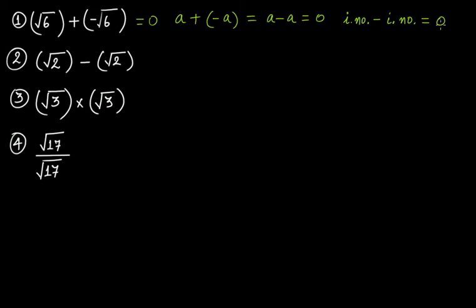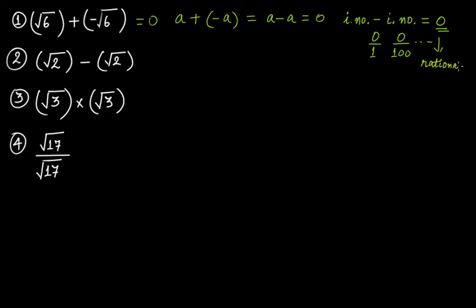We can write it in the form of a rational number, like 0 divided by 1, or 0 divided by 100, and so on. So this is a rational number, right? So irrational number minus irrational number is equal to a rational number. You have to remember this thing.